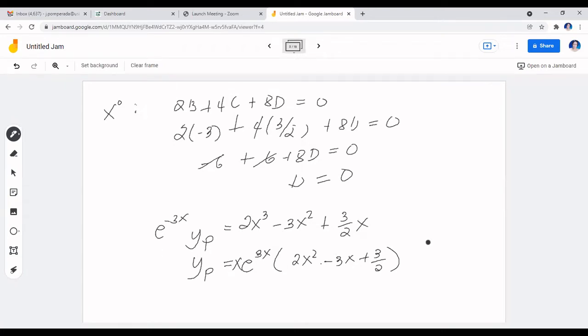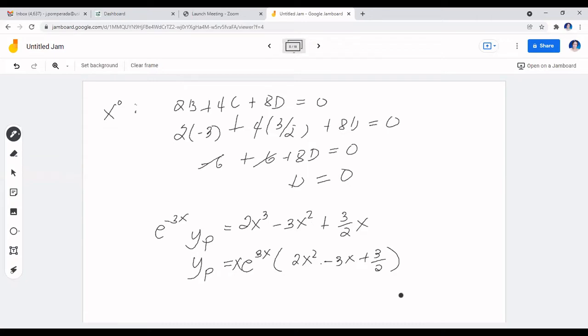So you divide this entire equation by e raised to minus 3x, and it will give you e raised to 3x. And if you factor out x in all these terms, since it's common, then you have x e raised to 3x, then the remaining multiplier to complete this right side: 2x squared minus 3x plus 3 halves. This is your particular solution.